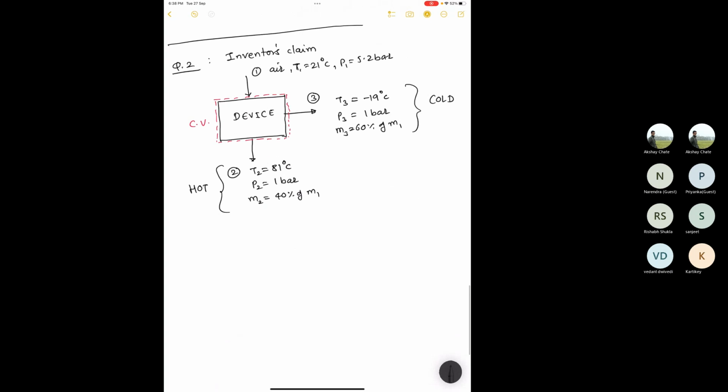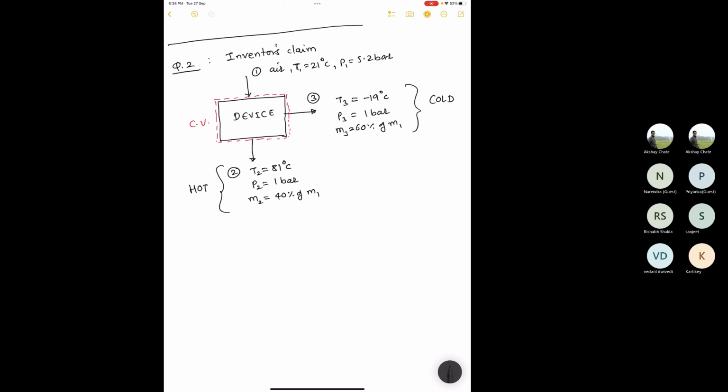Then you come to solving. The structure is the same: first apply the first law of thermodynamics, the energy balance. If it satisfies that, then you go for the entropy balance. If it satisfies that also, then the governing equations are satisfied and it's a practically feasible device.